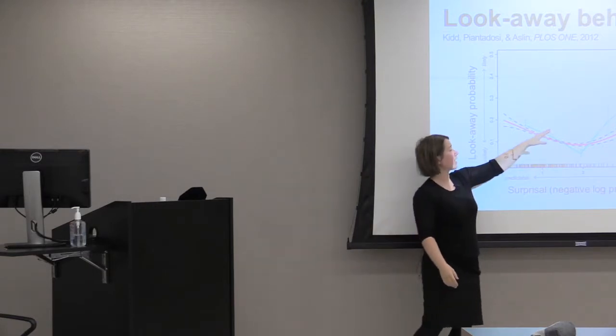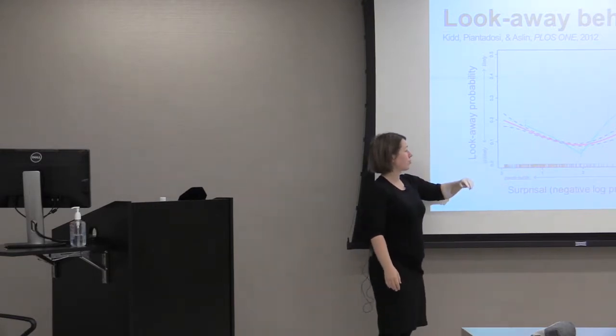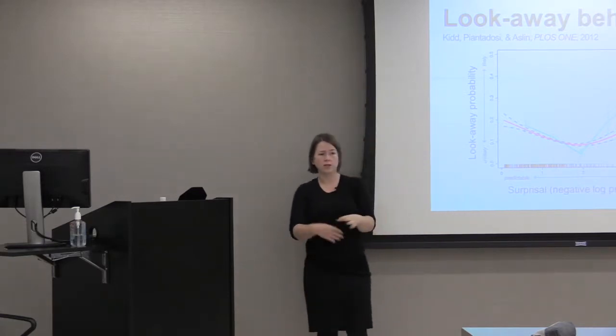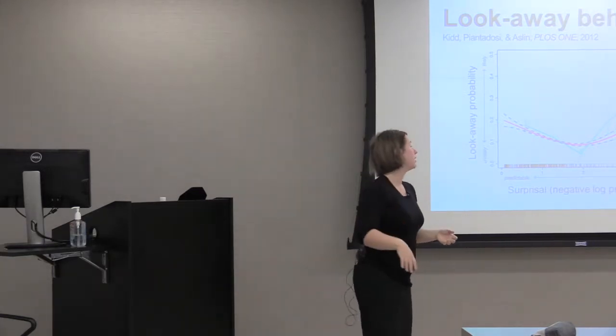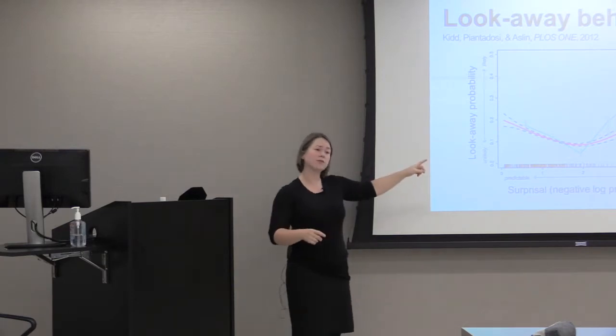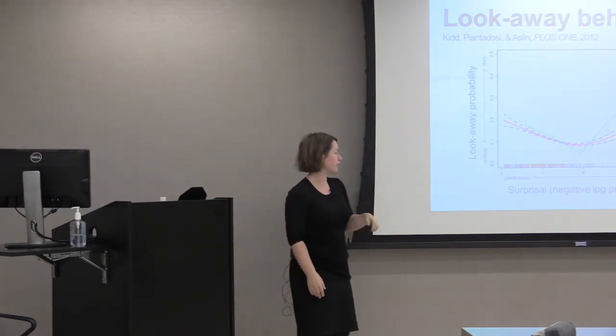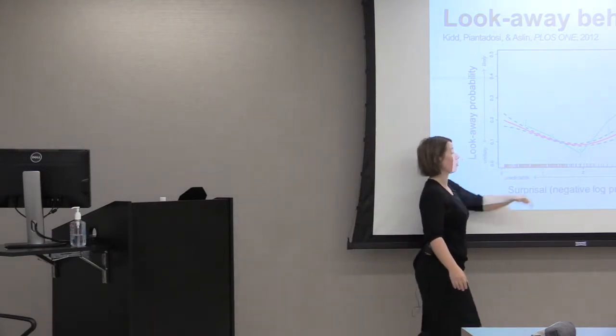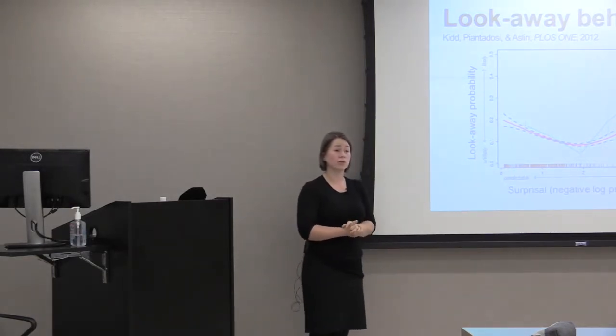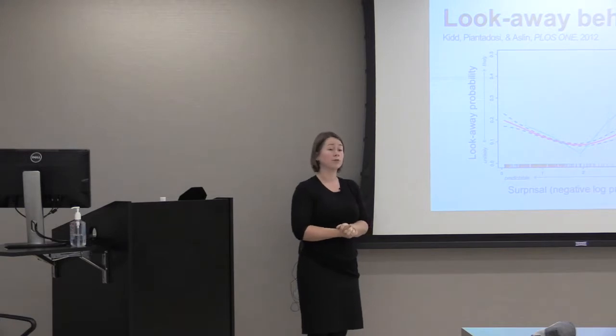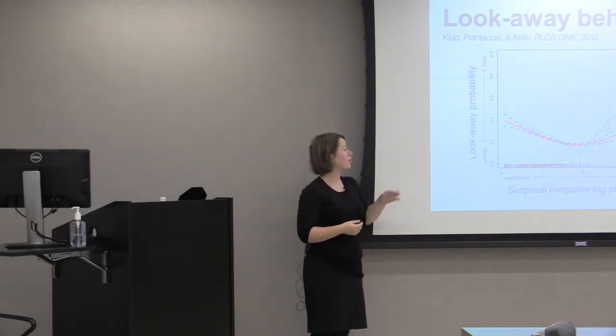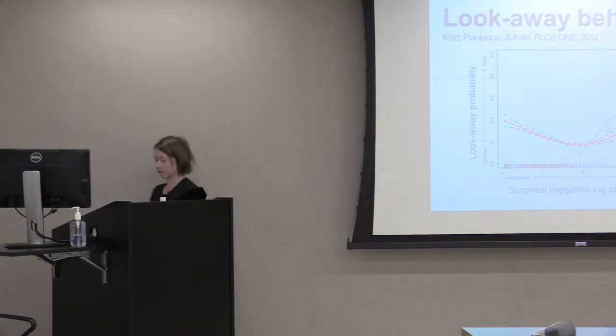And they're also very likely to look away when things are very surprising. So if it was a lollipop 100 times and you thought that no other event occurred and then you get a plane, that's very surprising. And that kind of event also triggers a look away in infants. Where they're least likely to look away, they're most likely to stay engaged, is those events of intermediate surprisal. So things that are a little bit surprising, but not overly surprising, are what infants find most engaging.